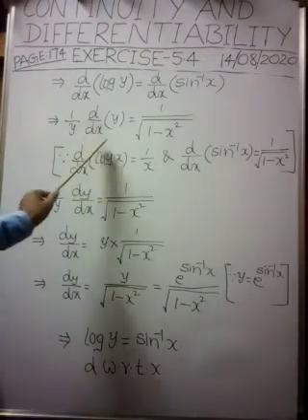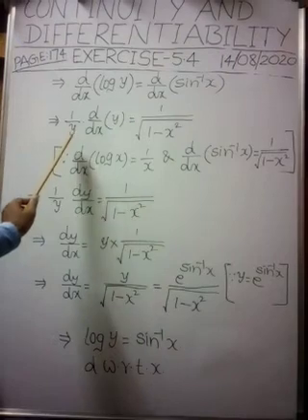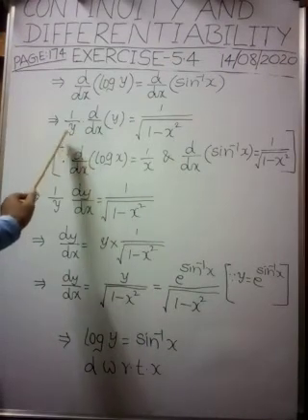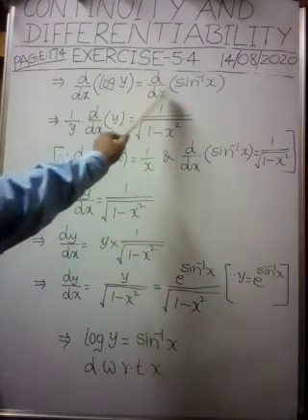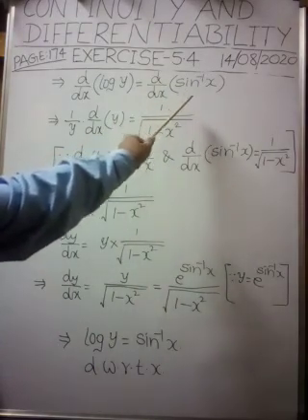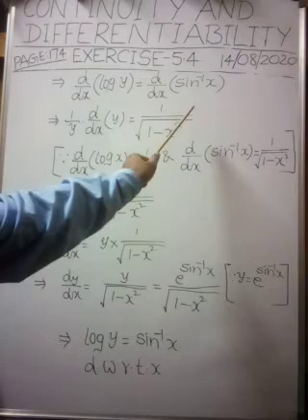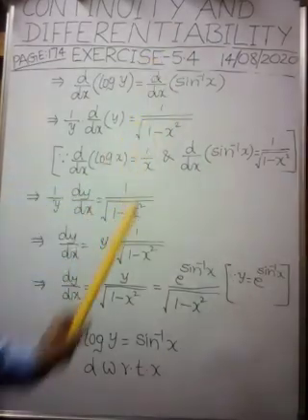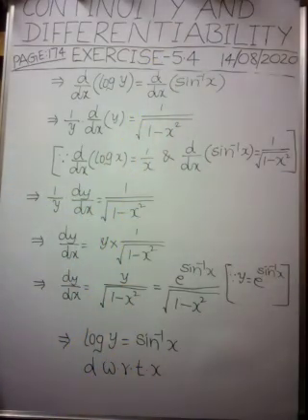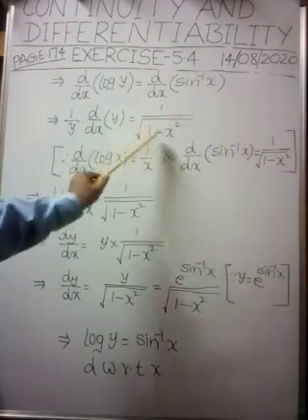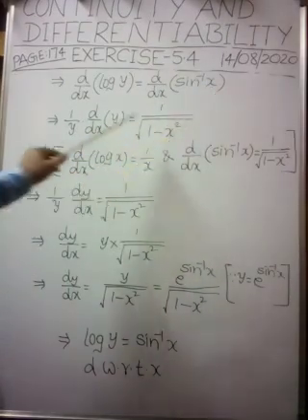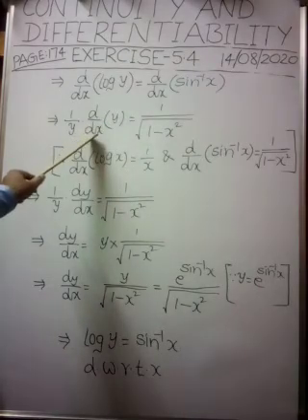Into d by dx of y, because we assumed here y as x. So d by dx of y is equal to, this is the direct formula, d by dx of sine inverse x. In the differentiation of inverse trigonometric functions, what is the formula? d by dx of sine inverse x is 1 by root of 1 minus x square. Here we used the chain rule, composite function differentiation.